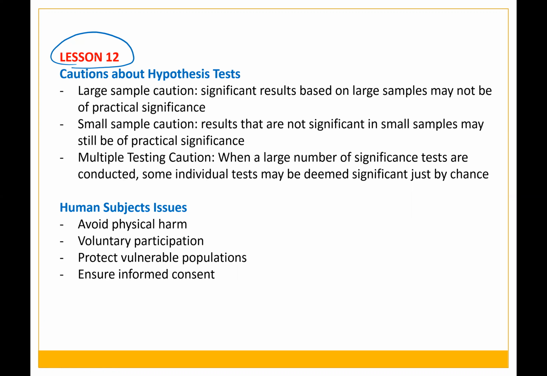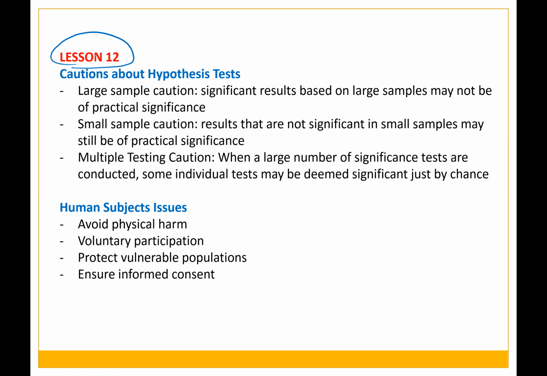The result in a large sample may be significant, but it's of small difference with the estimate, and so it is of little practical significance. Then we have the small sample caution, where results that are not significant in a small sample may still be of practical significance, and that may be because of some hidden variables that we haven't considered in our test.